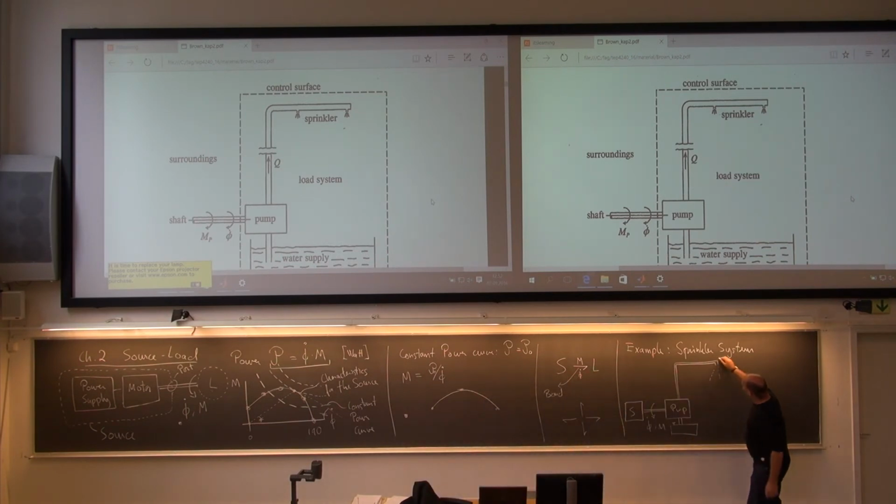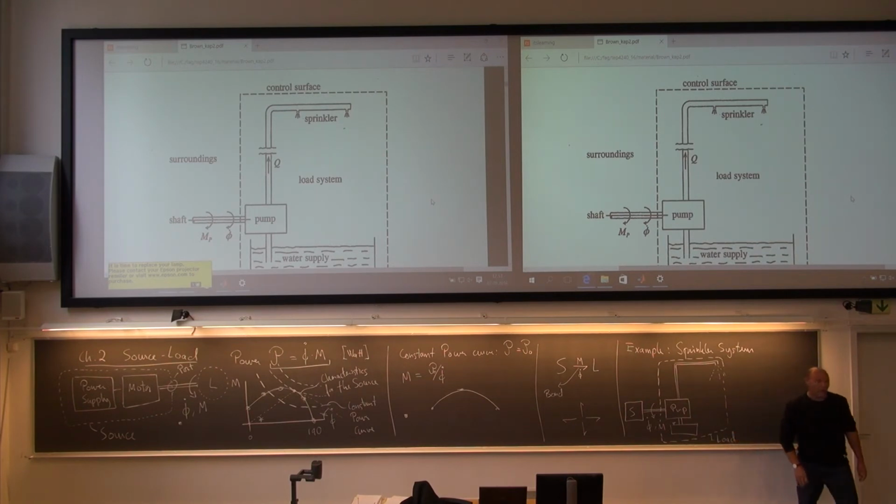So for this part, this is now what we call the load. We are going to need the same characteristics here as well. So meaning we have to build this and do some experiments, or we can maybe simulate it.